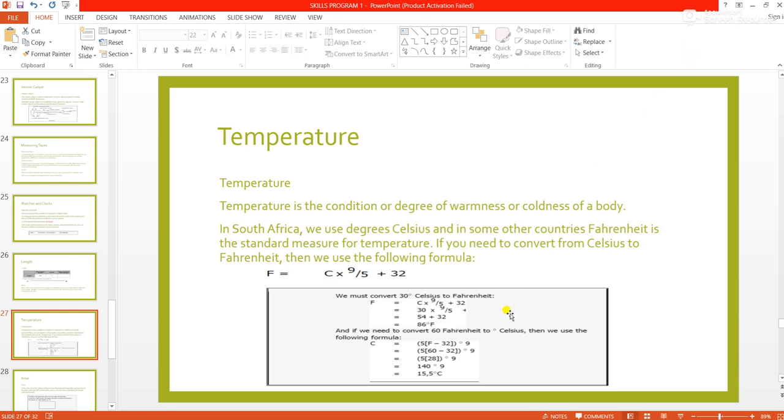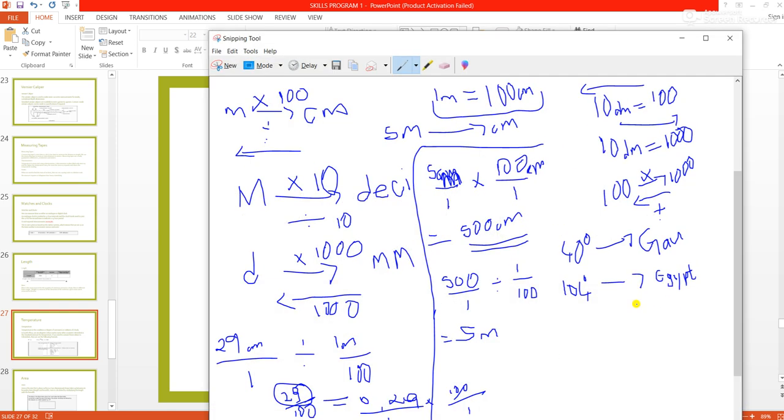Our abbreviation will be F, and our symbol is degrees. So when you explain this to your cousin, you inform him or her that the temperature is 104 Fahrenheit. This is equivalent to 40 degrees Celsius in Gauteng.